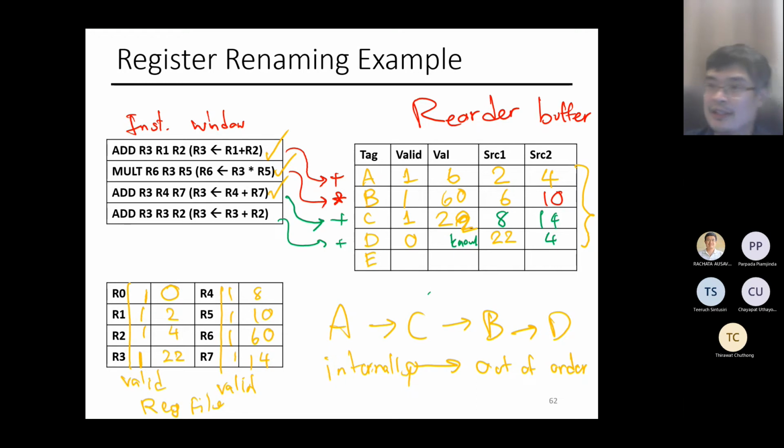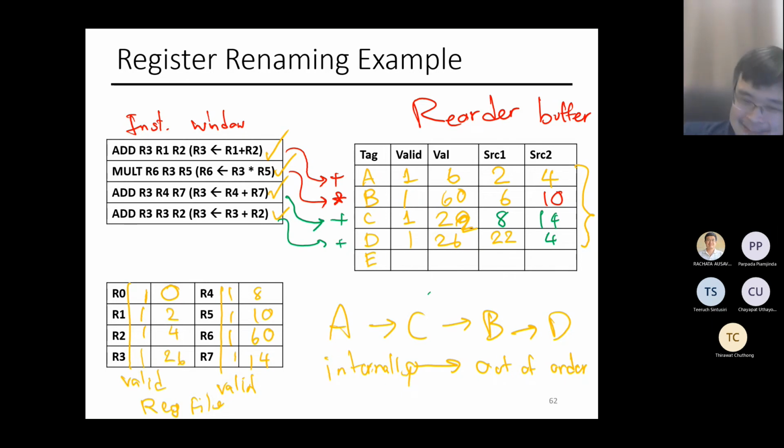Then you finish D, right? It's 22 plus 4, so you erase this. This is now valid, and you update R3 over here. So that's 26, valid 26.